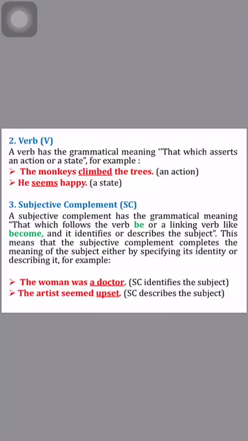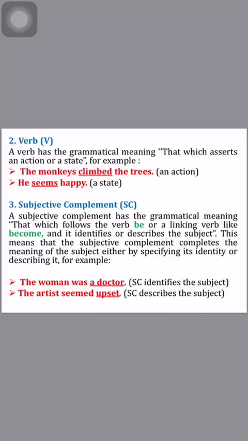Here, the subjective complement either describes the subject or identifies the subject, re-identifies. You see, not only a sense of identification, re-identifies. Whether it describes or re-identifies, it completes the subject.